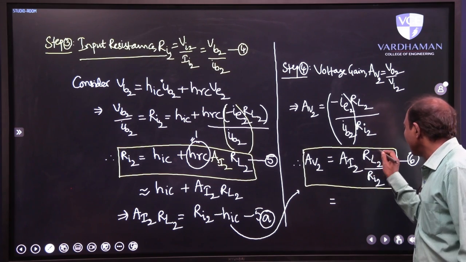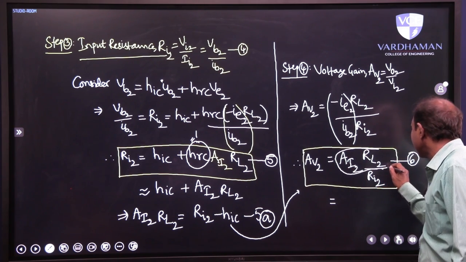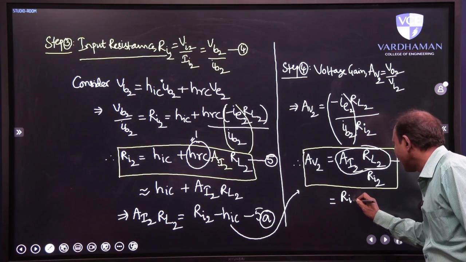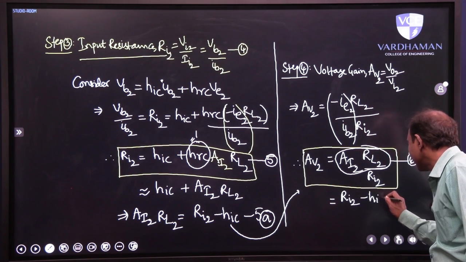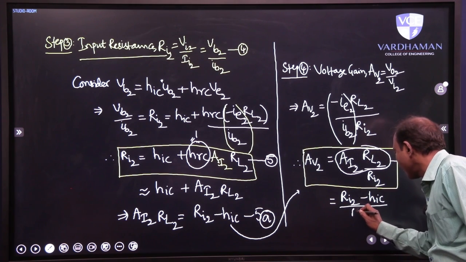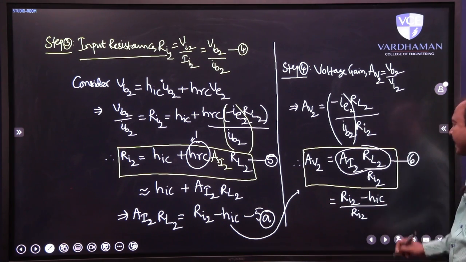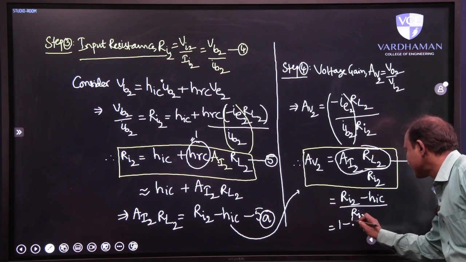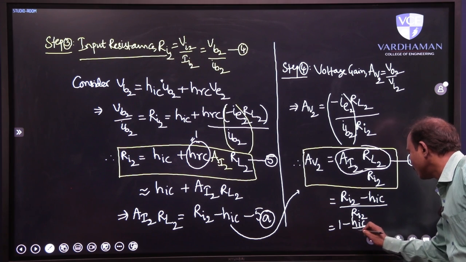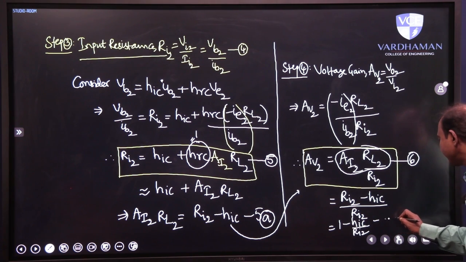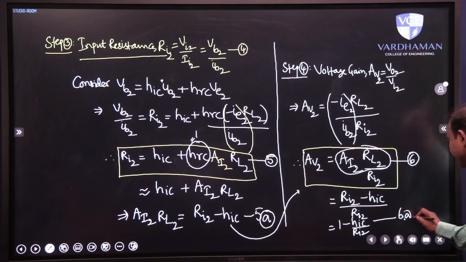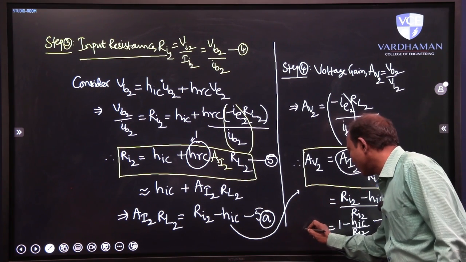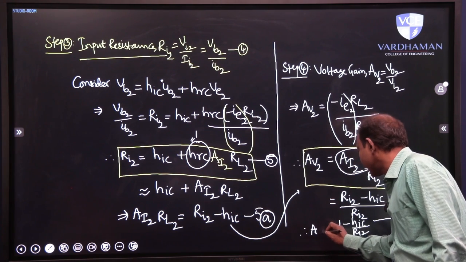We can replace this numerator with RI2 minus HIC, so RI2 minus HIC by RI2. RI2 gets cancelled, and this can be approximated to 1 minus HIC by RI2. Keep it as the final equation. We will be using this value of AV2 in our further discussions also. Therefore, AV2 can be approximated with this equation.